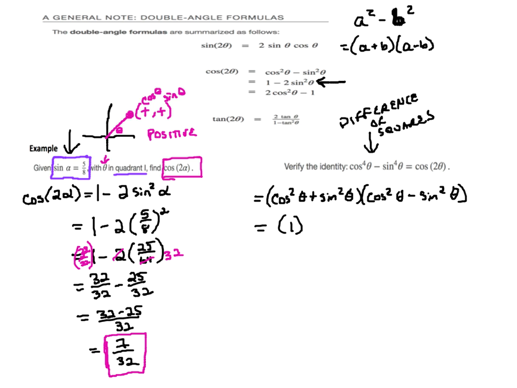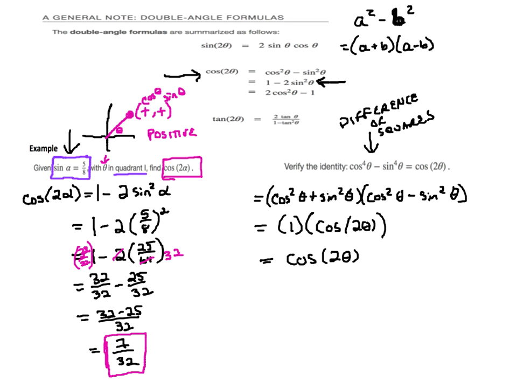Now, the second factor is not the Pythagorean identity because it's subtracted. However, if you look right up here, cosine squared theta minus sine squared theta is equal to cosine of 2 theta. One times the cosine of 2 theta is just cosine 2 theta.